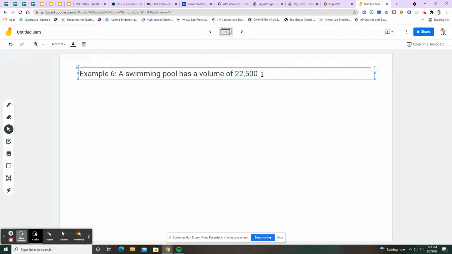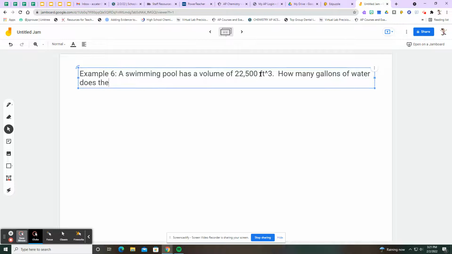Okay, so cubic feet is the same thing as feet raised to the third power, or feet cubed. How many gallons of water does the pool hold? Okay, so again, we need a conversion that I do not expect you to memorize. That 7.48 gallons of water is equal to 1 cubic foot of water.